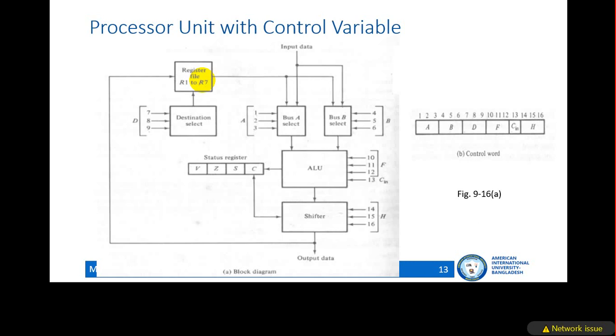So this is the bus A select, bus B select bit. Look over here, D for the destination. After you perform the operation by the ALU, at what destination register are you going to store the result? That is defined by the destination select D. This is the destination select D, bit positions 7, 8, and 9 of your control word.